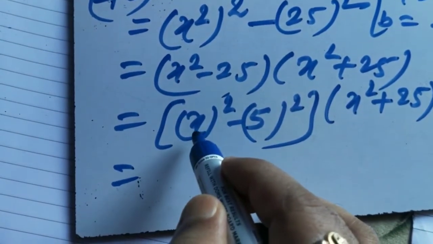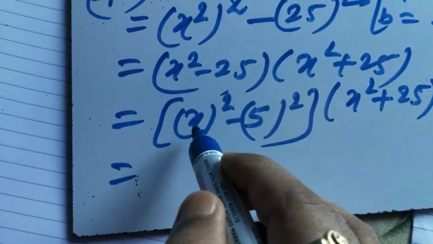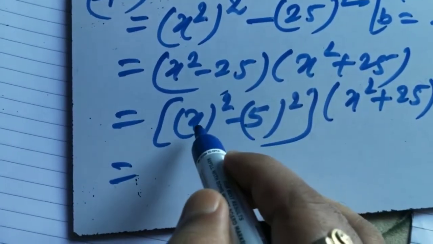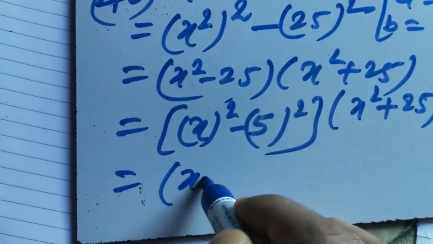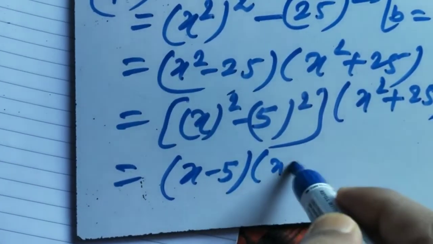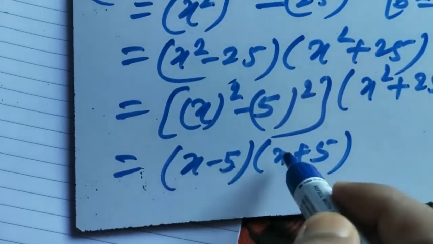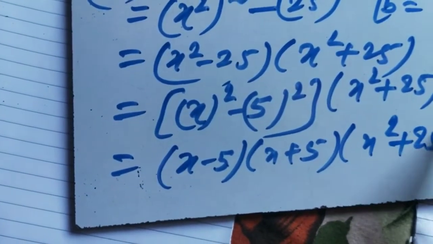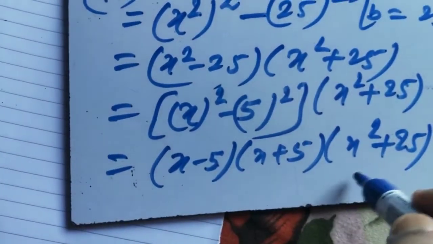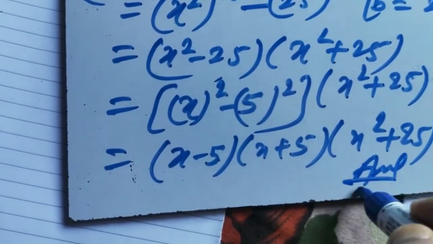Now here also we have got a square minus b square. Now x is here, so it will be x minus 5 and x plus 5, a minus b, a plus b, and x square plus 25 will remain the same. This is your factorization for question number 40.